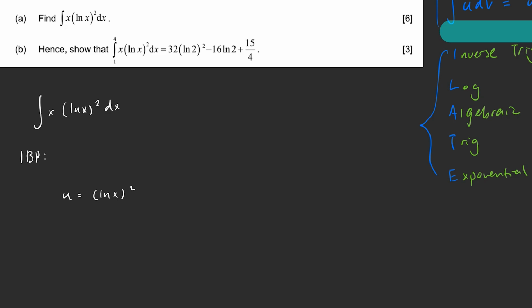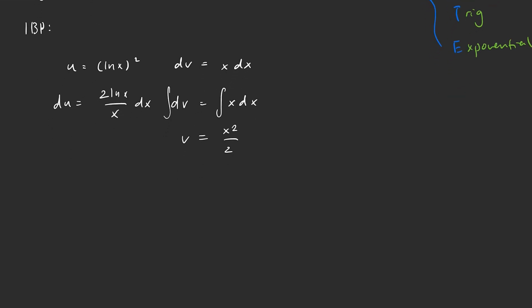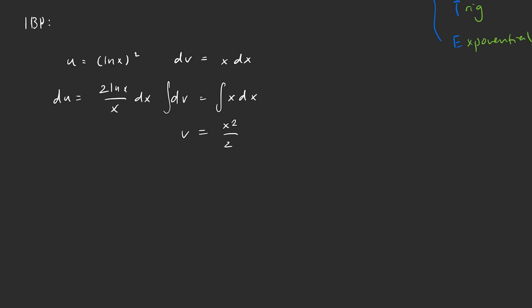We choose u to be ln x squared and dv is x dx. Differentiating our u, we get du is equal to 2 ln x over x dx, and for v, we're integrating dv, so it's the integral of x dx, which is x squared over 2. So v is x squared over 2. Now we can apply integration by parts.